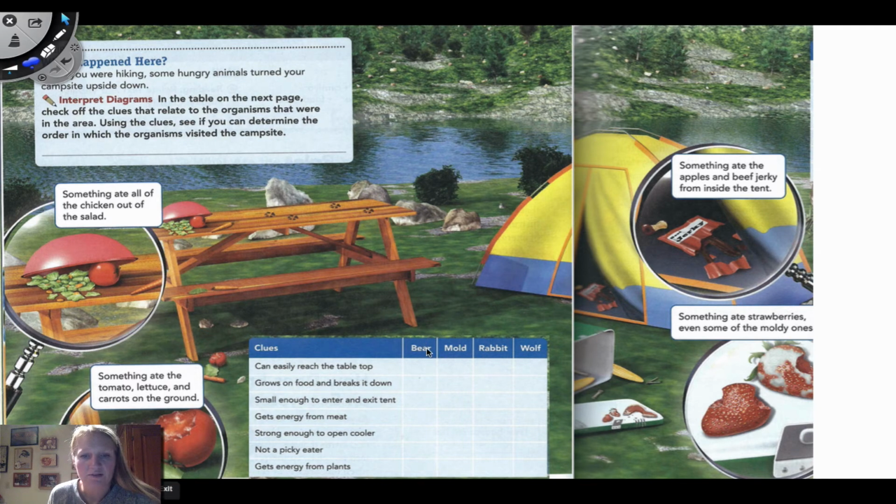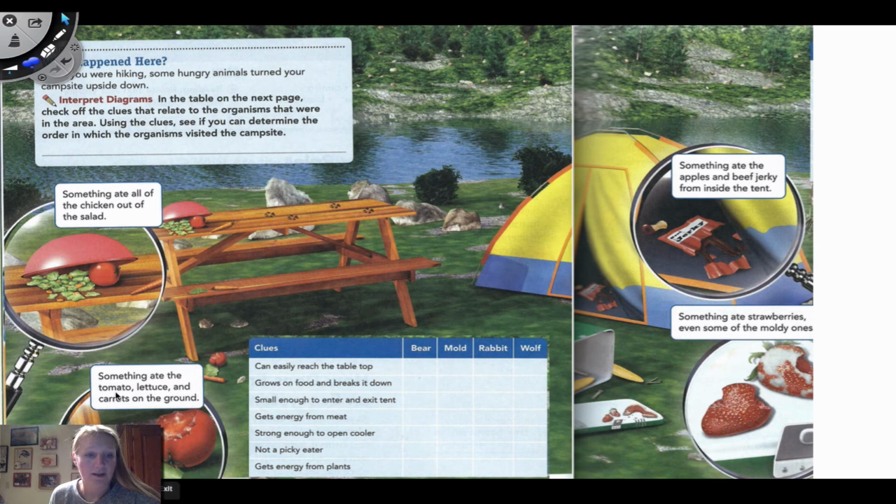There's the example of the bear, mold, rabbit, and wolf that could have come in and taken over your space. And so the question is, what would have eaten all the chicken out of your salad, right? What animal would only go through and eat the chicken out of there? Would it be the bear? Would it be the mold? Would it be a rabbit? Or would it be a wolf? Okay? I would say a wolf, frankly.